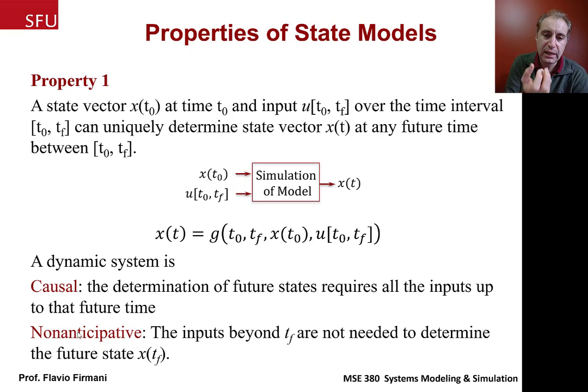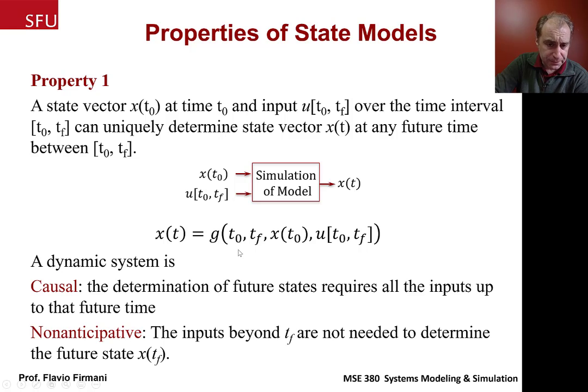And of course, we need the initial conditions of our state vector. So if we know the initial conditions of the state vector, and we know the input through a period of time, then we can simulate our model and determine how the state vector is going to be changing throughout that period, from t naught to tf, which is the period of our input.